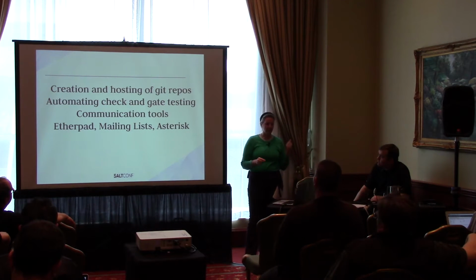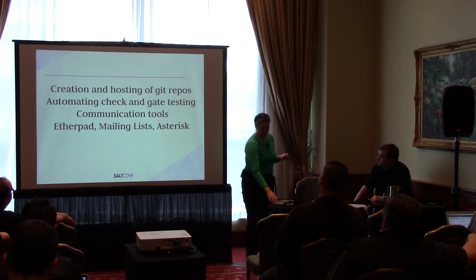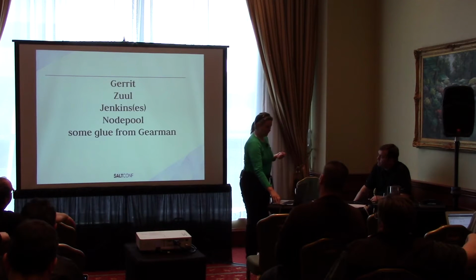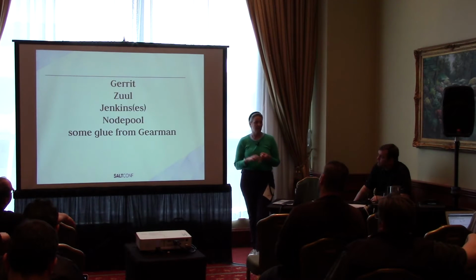We do communication tools. We do Etherpad, mailing lists, Asterisk. So we have to run all the servers and maintain them and also bring up new things if we need new services. So looking at the components, we run Gerrit. We run a tool called Zuul, which was written by one of our infrastructure team developers.